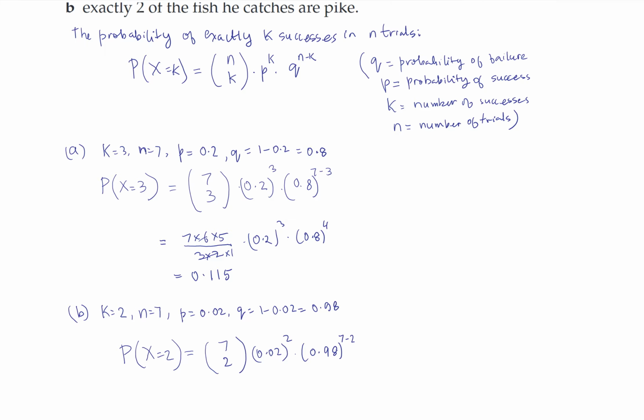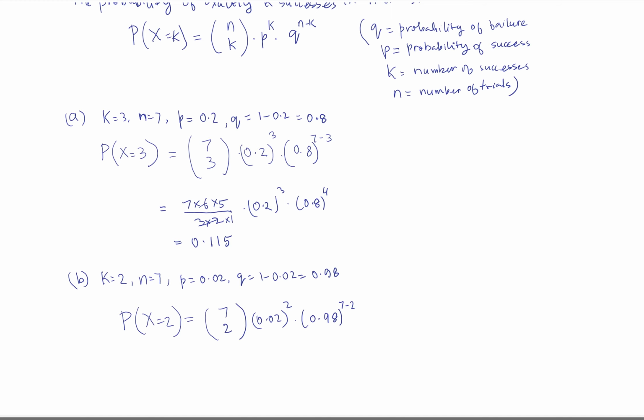So then that is 7 times 6 divided by 2 times 1 times 0.02 squared times 0.98 to the power 4. Sorry, to the power 5.